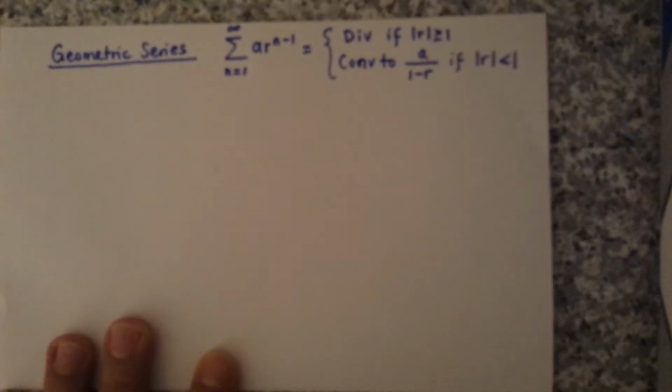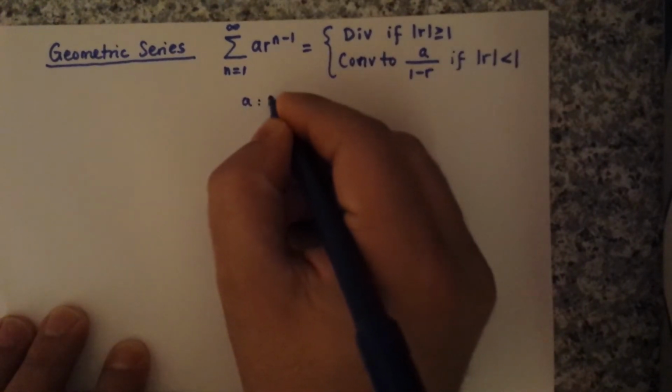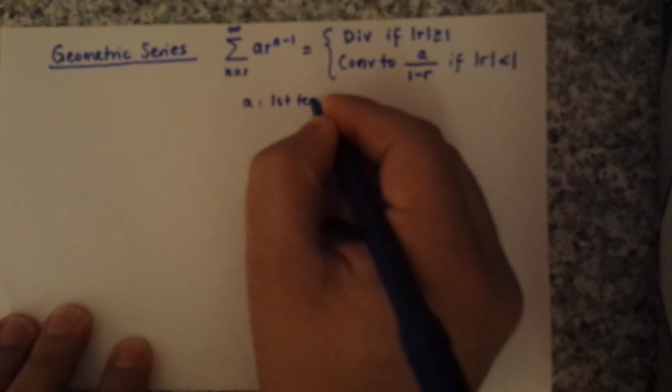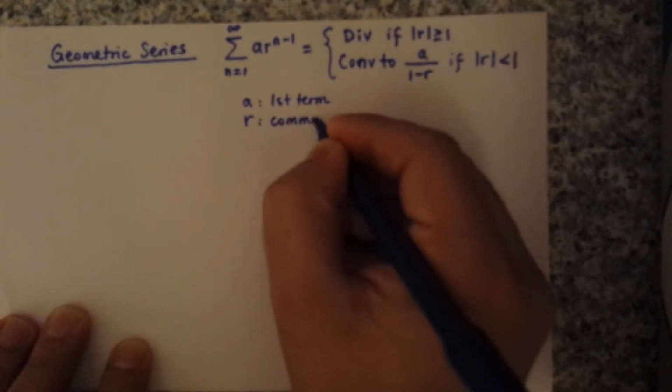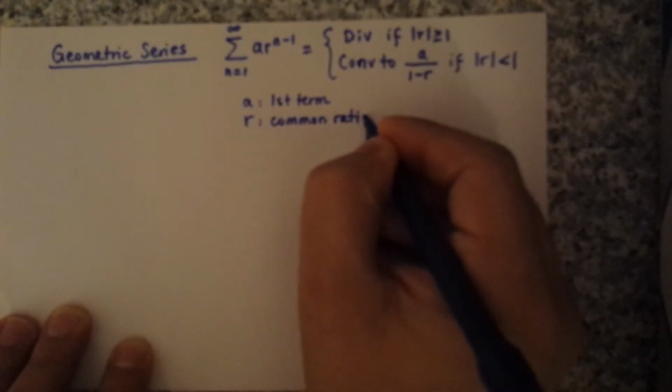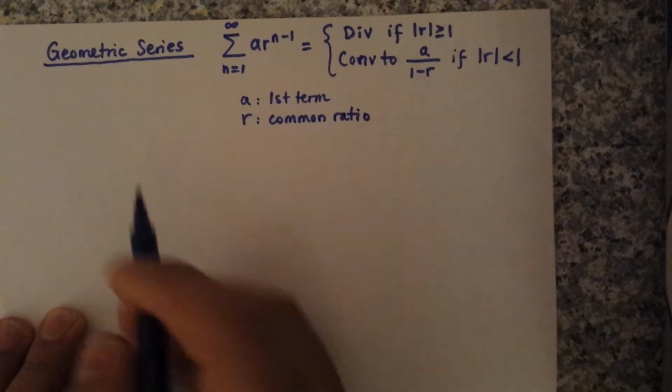So that's really what we know about the geometric series. And here you can just see a is our first term and r is the common ratio. So we're just gonna go over examples of this type.